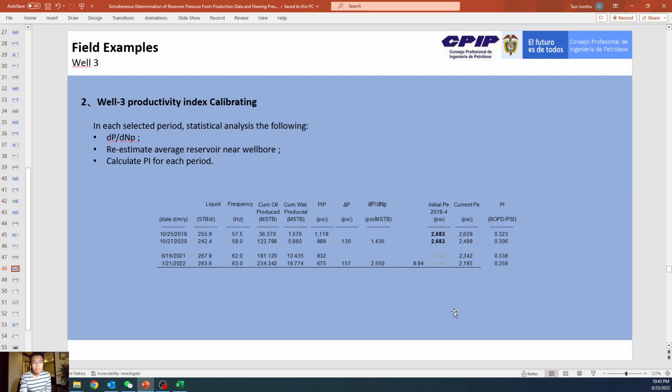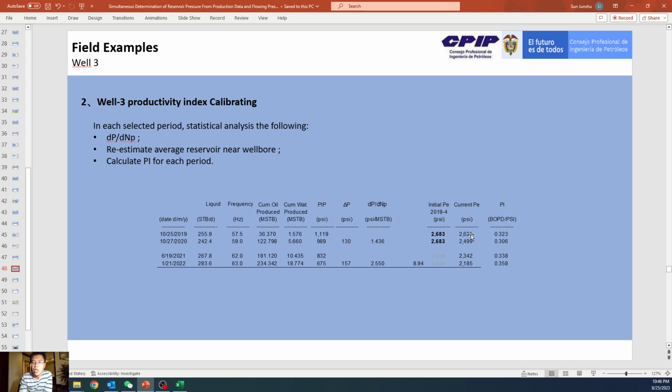In the first consistent producing period, the delta P is 130 psi. Delta P per cumulative fluid is 1.436 psi per 1,000 barrels.